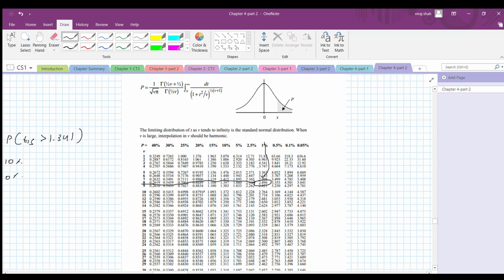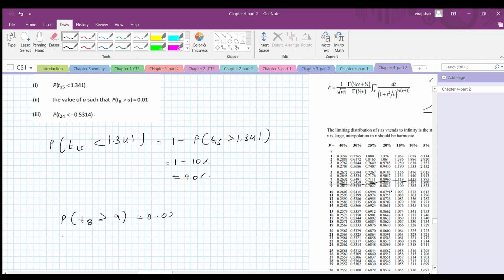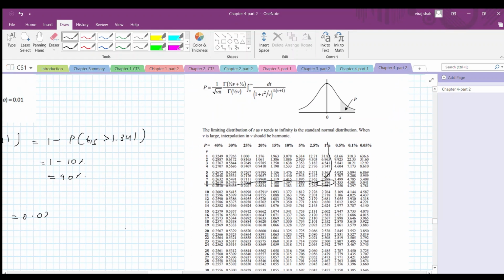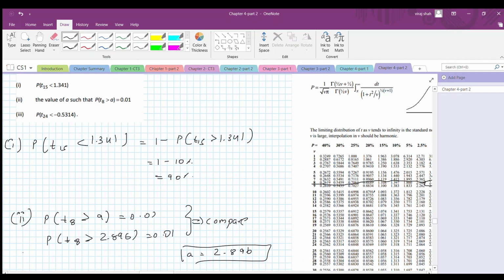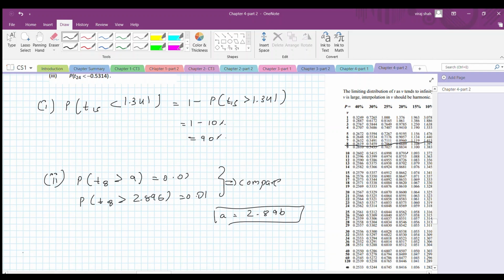So I can say that the probability that T8 is greater than 2.896 is equal to 0.01. If you compare these two equations, I can say that my A is nothing but 2.896. Okay, this is my first part, this is my second part, and this is my third part.